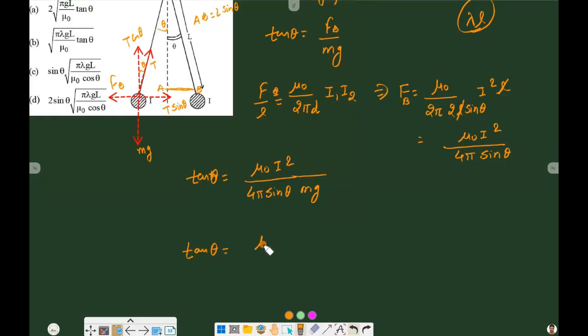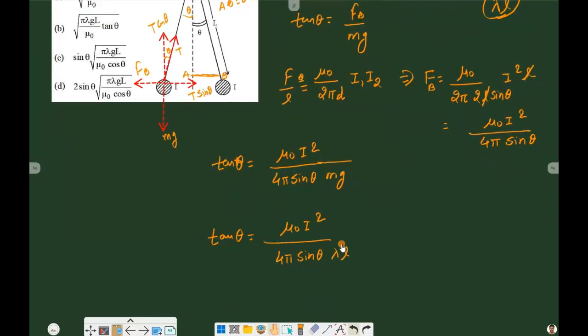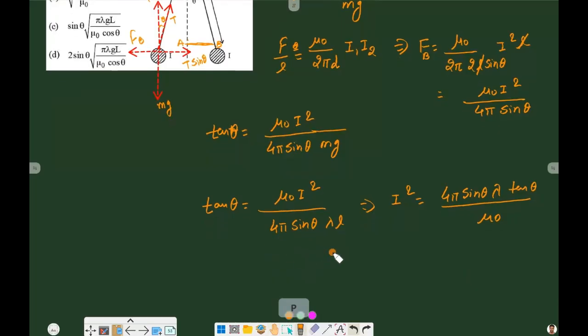Tangent theta is mu naught I square by 4 pi sine theta into lambda L, and we have to find the value of I. So we will exchange these terms. So I square will be 4 pi sine theta lambda into tangent theta by mu naught, and we can further solve it like that.